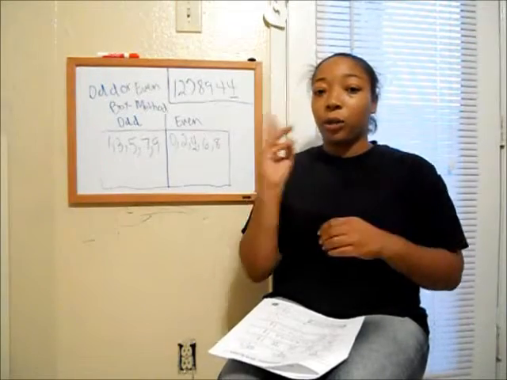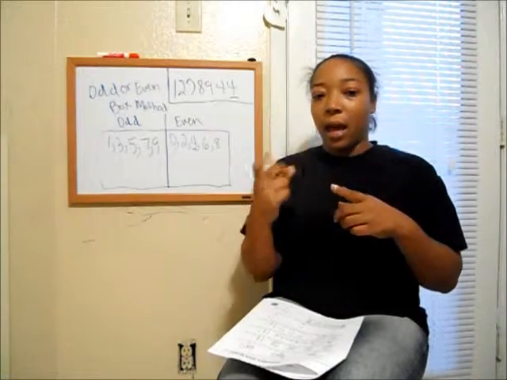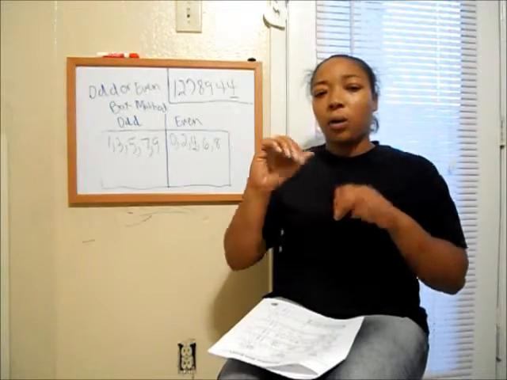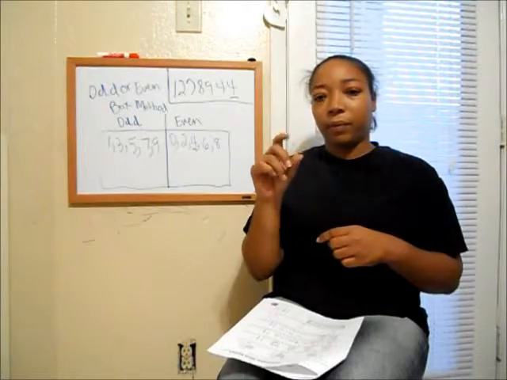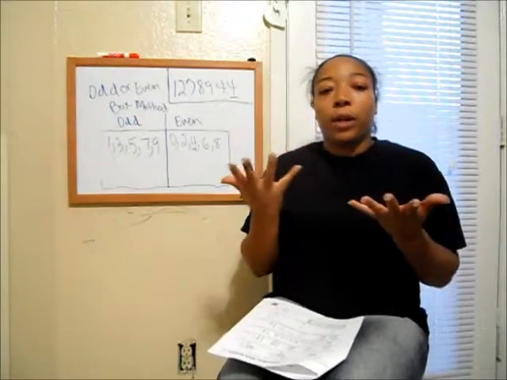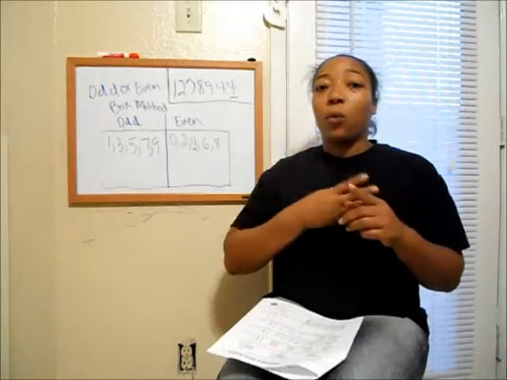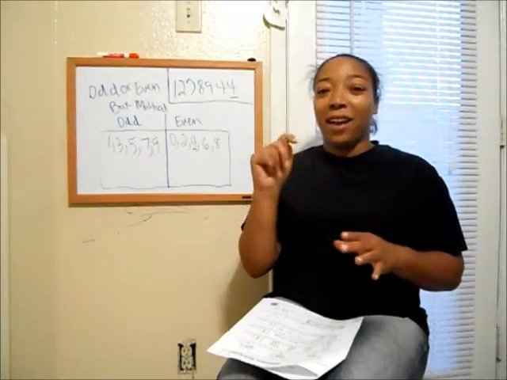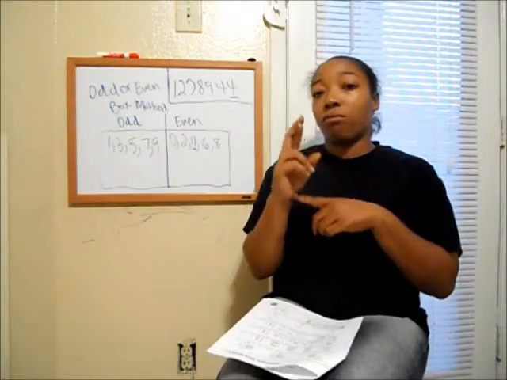Now on number 2, we will be talking about halves. So, how do we get half of something? If it is a number, we do what? Divide by 2. Like when we were finding out if a number is even or odd.